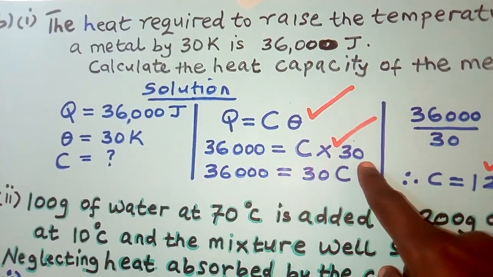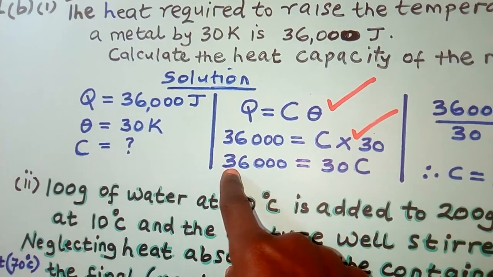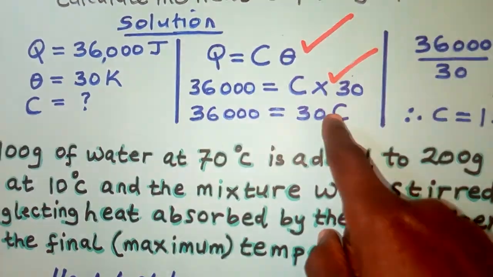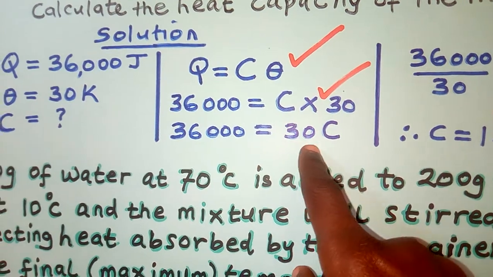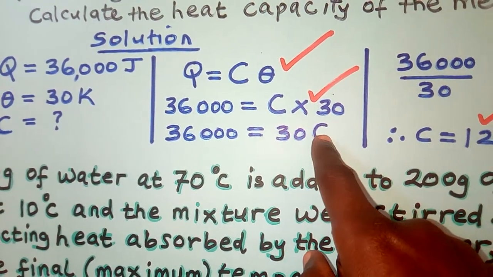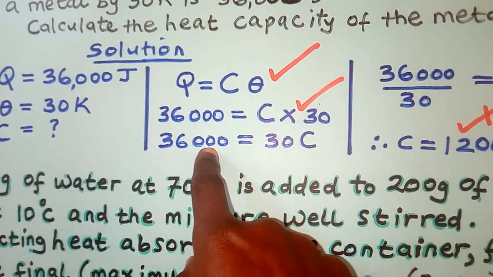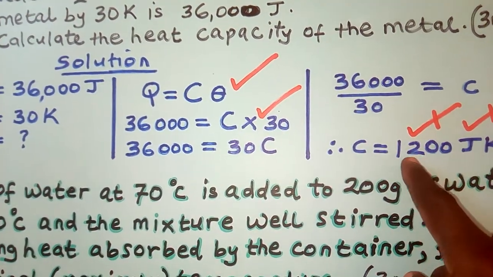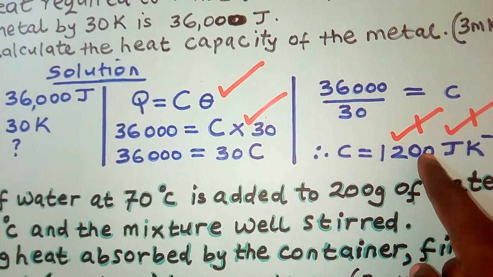After substituting, C times 30 is 30C, being equal to 36,000. Because we are interested in C, we are going to divide by 30. So 30 divided by 30 gives 1, and 1 times C is the same as C. Then we have 36,000 divided by 30, which gives 1,200 as the answer.